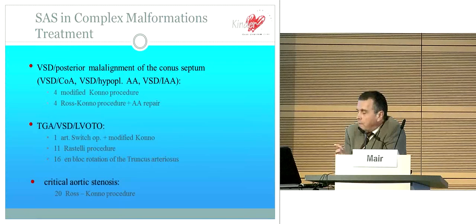This is a form of aortic translocation similar to a Nikaido procedure, but we could keep the pulmonary valve. And the critical aortic stenosis with subaortic stenosis was treated with a Ross-Connor procedure in our unit.